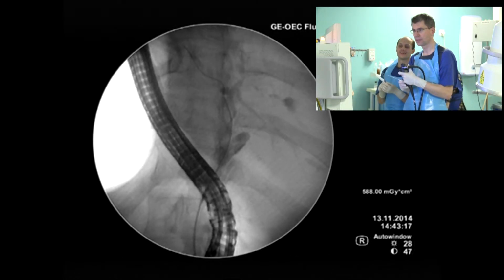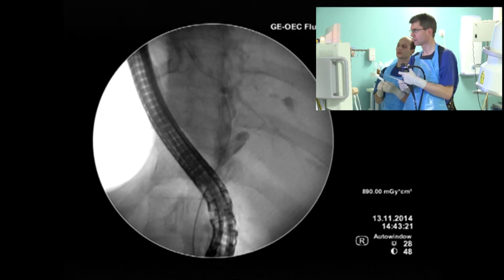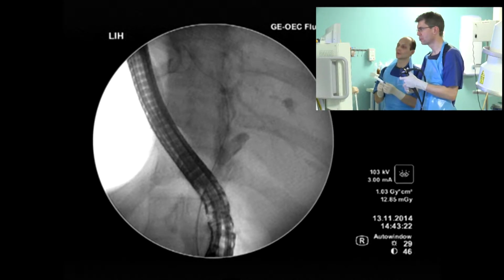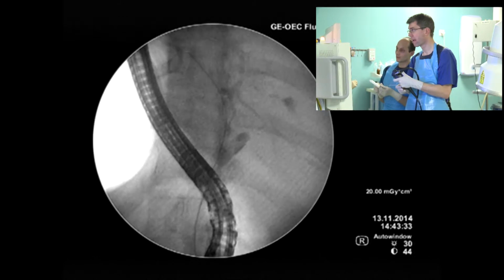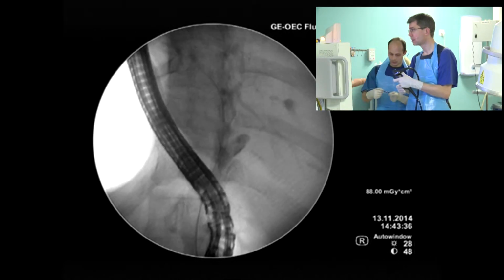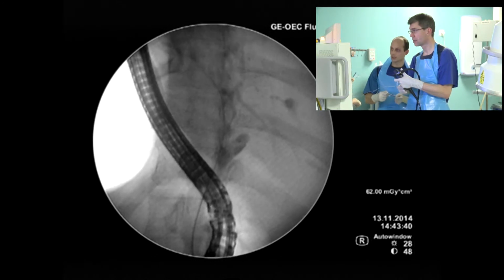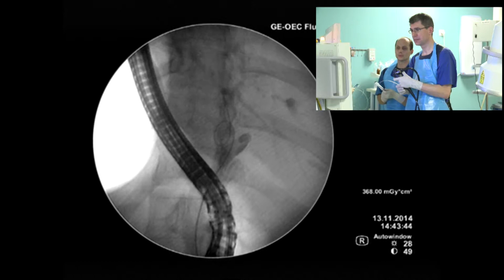Sorry. Okay. Now we change the instrument. We have a special balloon for cholangioscopy. So we use the guide wire right now and move out the catheter and then stop. No, the wire. Wait a moment.